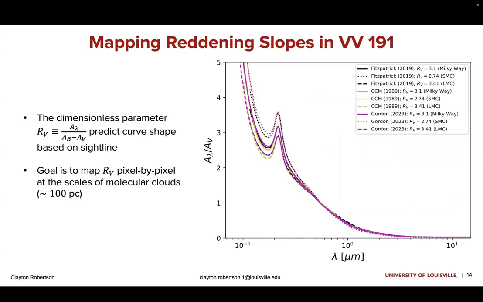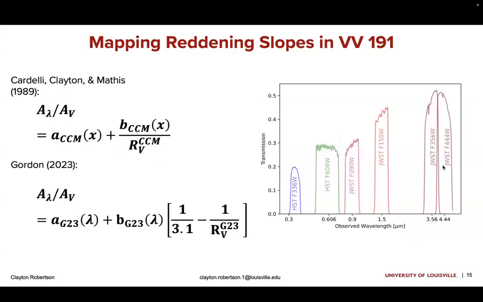And even if they're not technically parameter dependent, these RV values give insight on the different sightlines you're looking at, which are part of the parameters for all different extinction laws. So we want to map them out, and the way we're doing it with the available data is with James Webb and HST. So here are all the observations we have of the VV191 overlapping galaxy. It's a good amount.